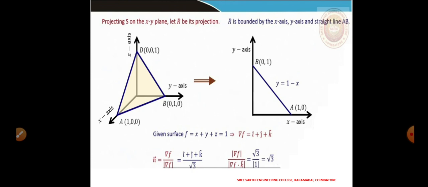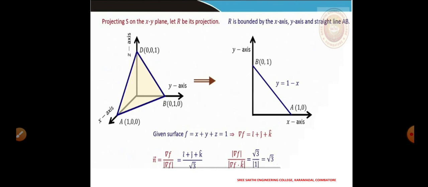So we need to compute the factor, modulus del f divided by modulus del f dot k vector, which converts the surface integral to an area integral. We take the dot product with the k vector because we are projecting on the xy plane.